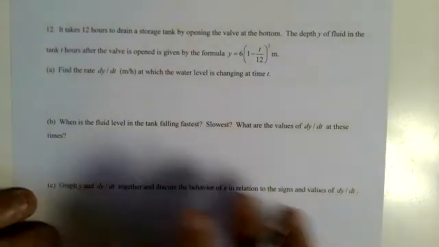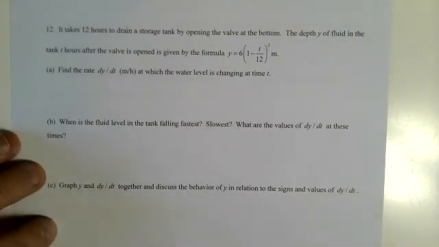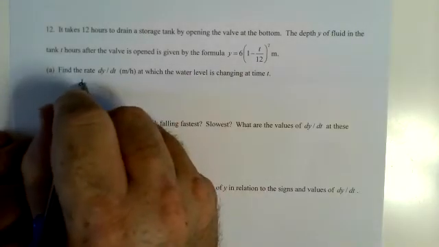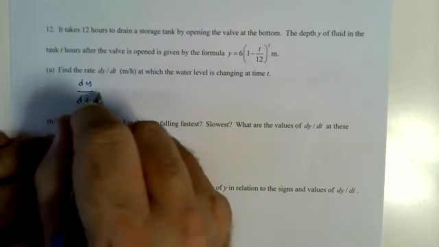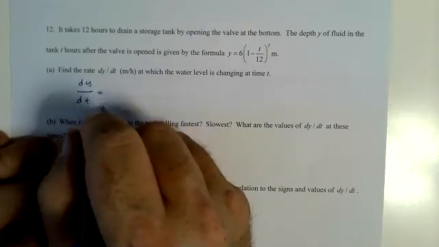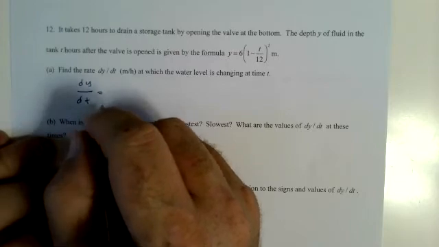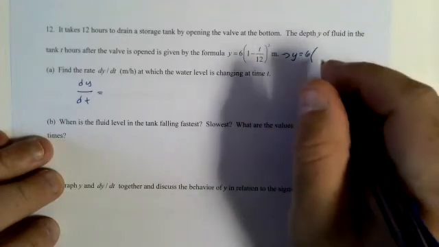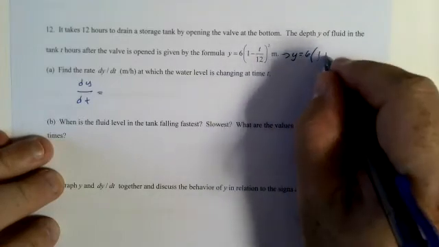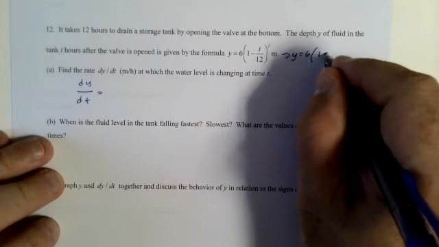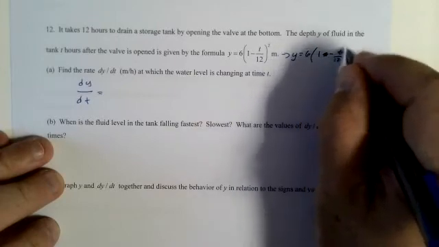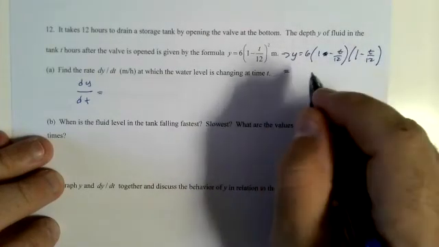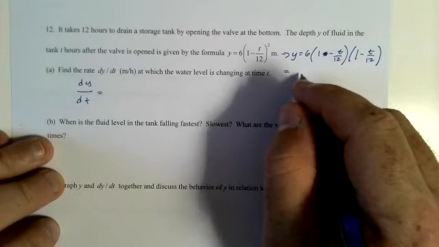I don't want to spend years on this, but it takes 12 hours to drain a storage tank, depth of fluid, find the rate while it's changing. Yeah, I got to distribute this first. y equals 6 times 1 minus t over 12 times 1 minus t over 12 equals, and I'm just going to cut to the chase on this.